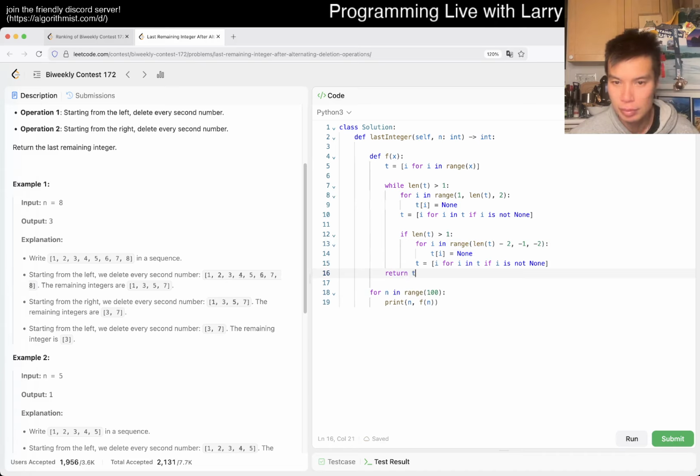Again, the even numbers don't matter, so we could just say the first digits don't matter. So now we remove this, and then we remove this, right? Where if I have this, then we remove this.